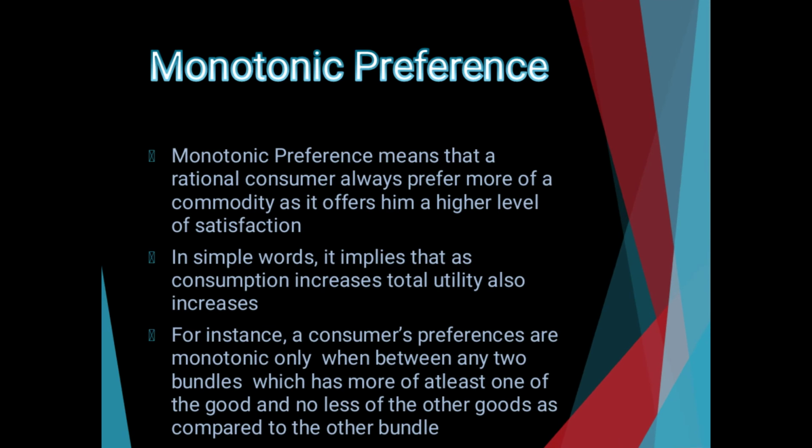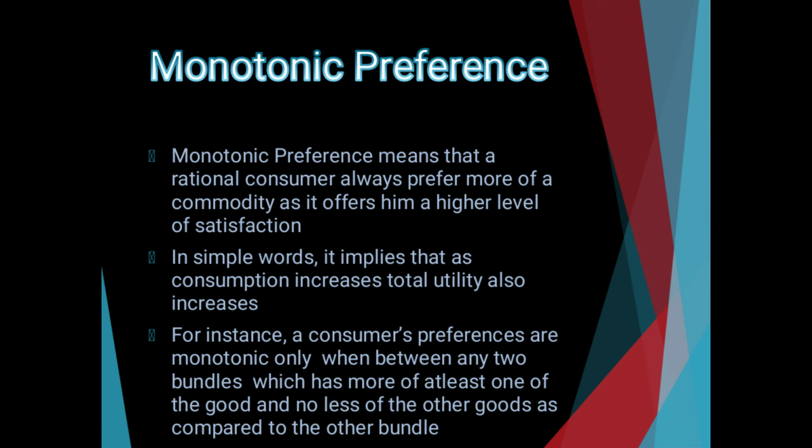Now the important concept related to the indifference curve is monotonic preference. Monotonic preference means a rational consumer always prefers more of a commodity as it offers a higher level of satisfaction, because we always assume the consumer behaves in a rational way. In simple words, as consumption increases, total utility also increases.